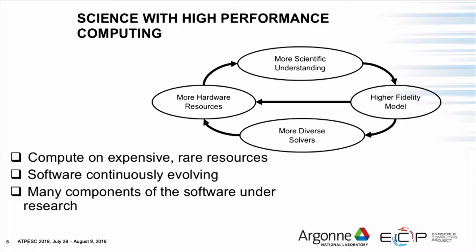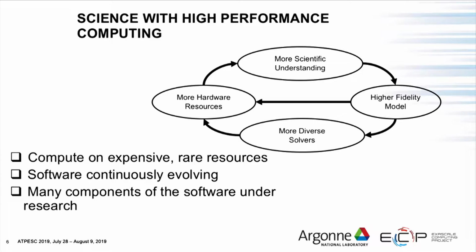As you get more understanding, the way you advance in your field is by removing those approximations one by one, which means that you get more terms in your equation, which means that you get more heterogeneous solvers, more diverse solvers as your model becomes higher fidelity.